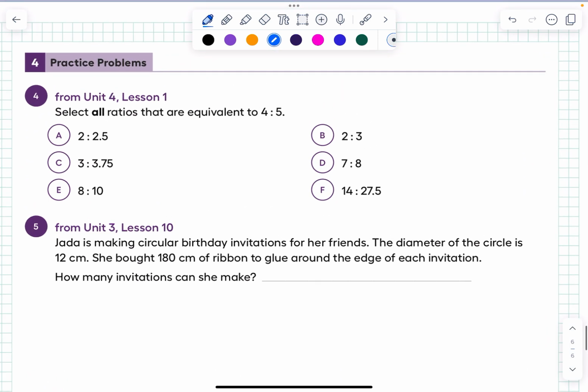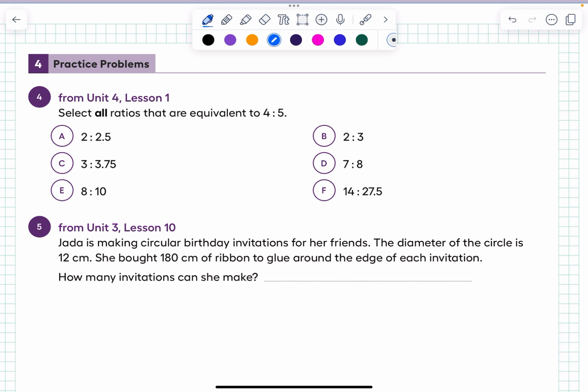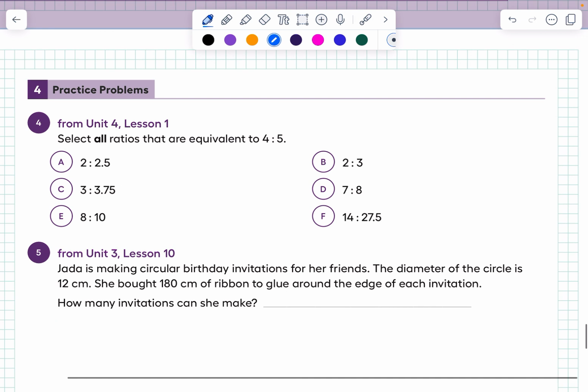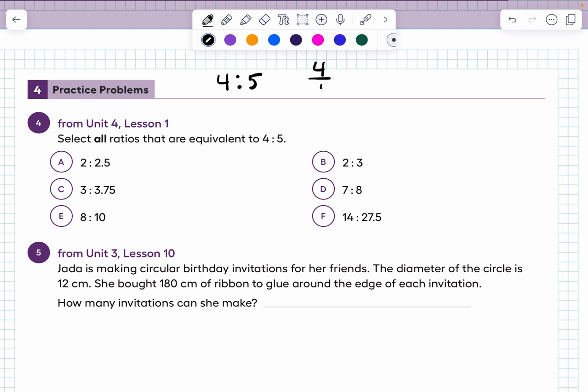All right, number 4, it says select all ratios that are equivalent to 4 to 5. Remember that a ratio can be written in 3 different ways. You could write it as 4 to 5, you could write it as 4 divided by 5, or as a fraction. But the easiest way that I can explain this is this. If you divide 4 divided by 5, you would get 0.8.